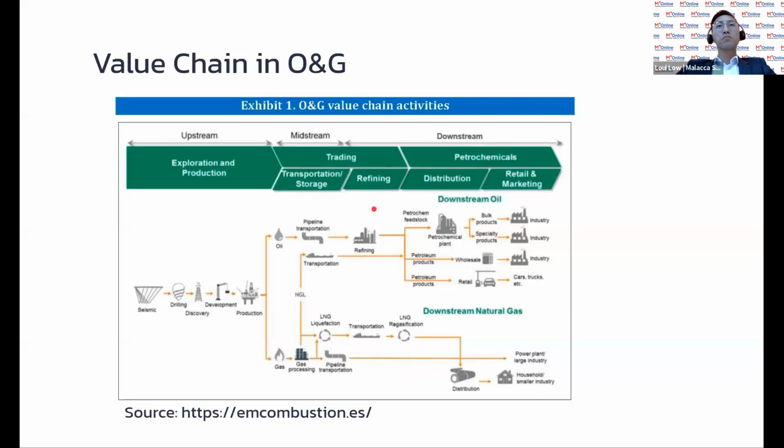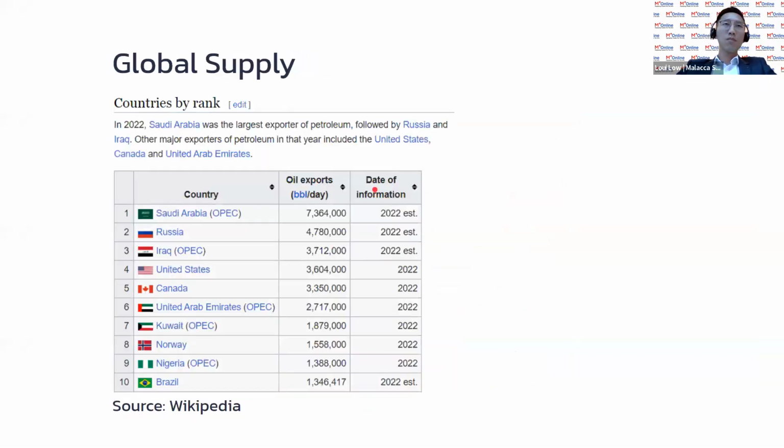For the supply part, we have to know what kind of supply and where the supply is coming from, and also where the demand is coming from. From Saudi, Russia, Iraq, and the US, it's very interesting because the top four support a large percentage of global supply.